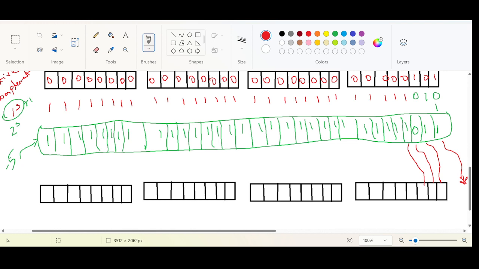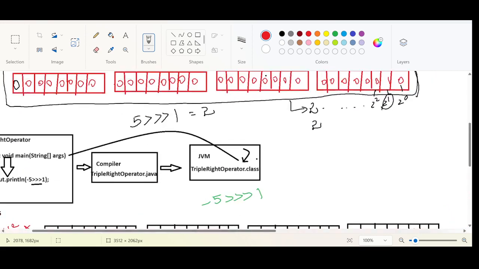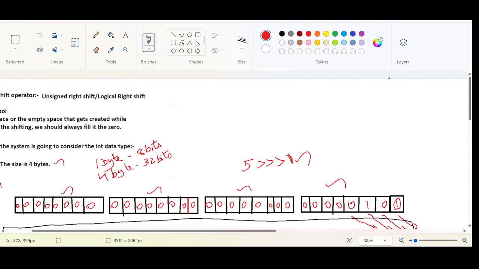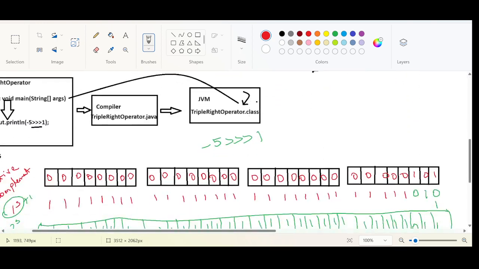If it keeps taking like this, the filler will be 1, 0, and everything will be 1. There will be one void space created in the beginning. It's an empty space, right? In the beginning, what I have said is that the empty space should always be filled with 0. Fill the empty space with 0.